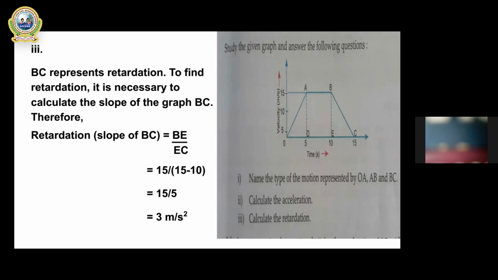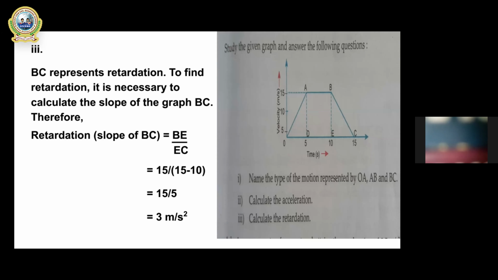Now the next is the third question. You are asked to find the retardation, and retardation means negative acceleration. Among these three lines, which one shows retardation? We already discussed in number 1, that is BC. So BC represents retardation, and to find retardation, it is necessary to find the slope of BC. Since BC is at an obtuse angle, its slope is negative.